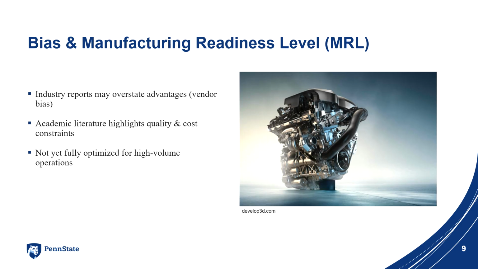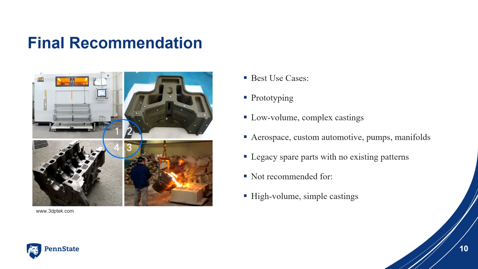When we evaluate everything, binder jetting lands around MRL 7 or 8. That means it's proven in pilot productions and certain industry applications, but not mature enough for a full scale, high volume manufacturing environment like ours.